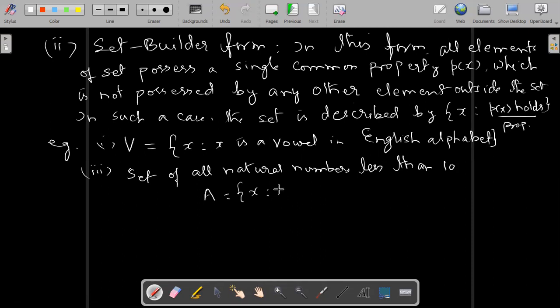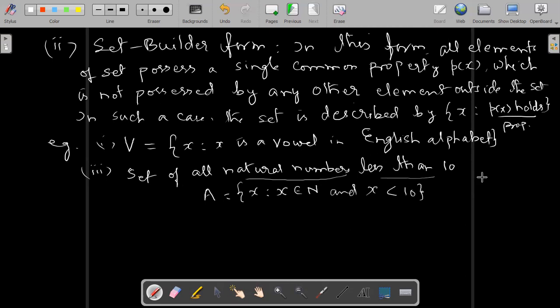Now we will use the symbols that I told you. Capital N denotes natural numbers, so we will write x belongs to N. It means the first property is that all the elements are natural numbers. But the second property is also here: x is less than 10. This is how to write it in set builder form.